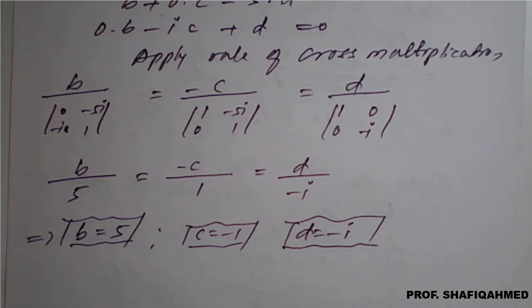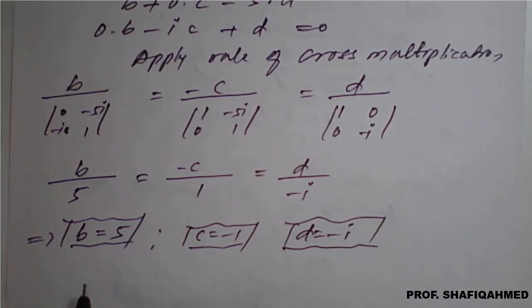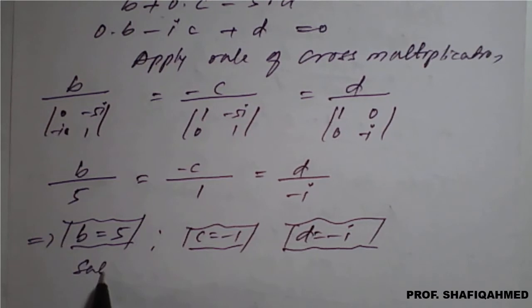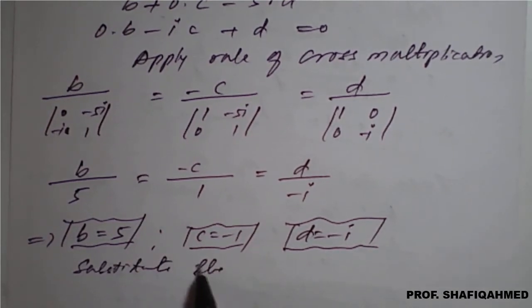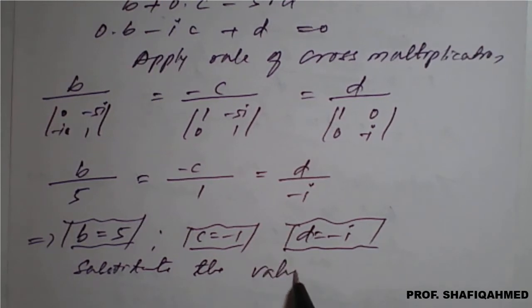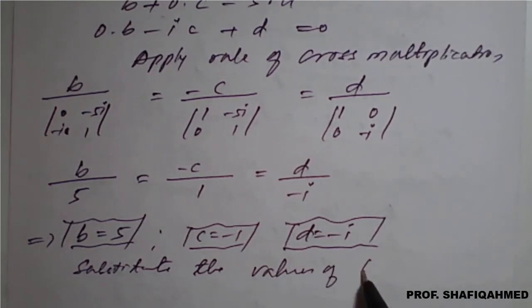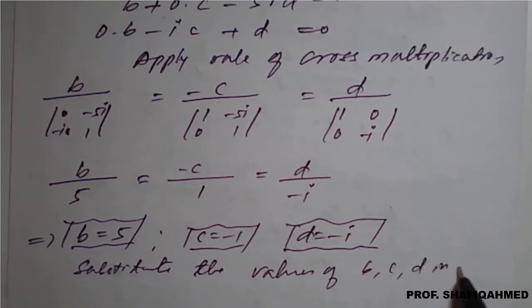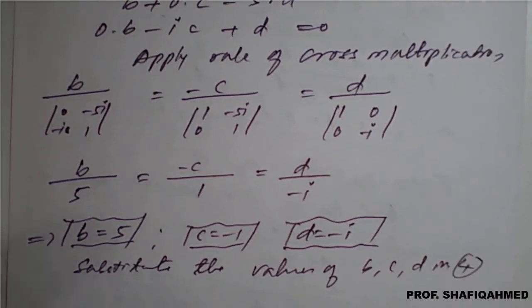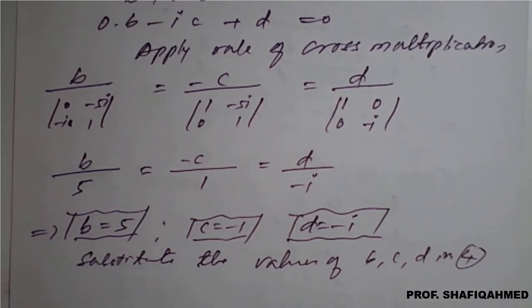Equation 2 does not have A, 3 does not have A, so 4 has A. So substitute the values of B, C, D in 4.